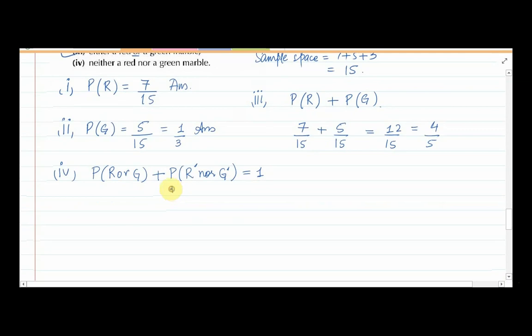Now we can find out the possibility of not red nor green is equal to 1 minus the possibility of red or green, which is 4 upon 5, so you need to subtract it. The LCM is 5, so it will be 5 minus 4, that is equal to 1 divided by 5, and that is the answer of last part, right? Neither a red nor a green.